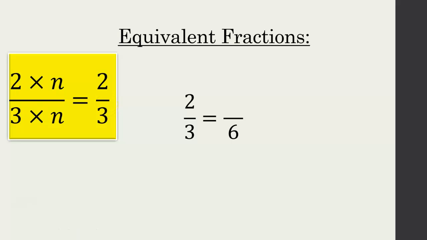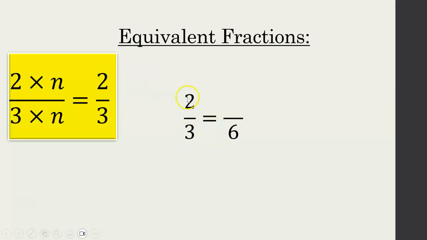Now, this is a fundamental rule with fractions. If I multiply the numerator by something and I multiply the denominator by the same thing, it's still going to be the same as 2/3. And we'll see later on why that is, but just for now, trust me.